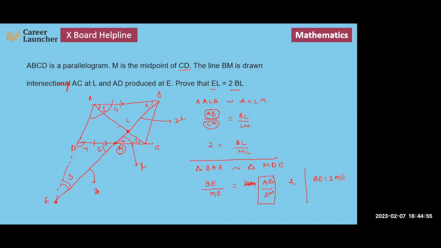So which implies this part must also be equal to 3L. And what is it that we want to know? We want to know the relationship of BL by EL. So BL का value कितना हुआ? 2L. और EL का value कितना हुआ? It is equal to 4L. Hence your answer will be equal to 1 by 2.